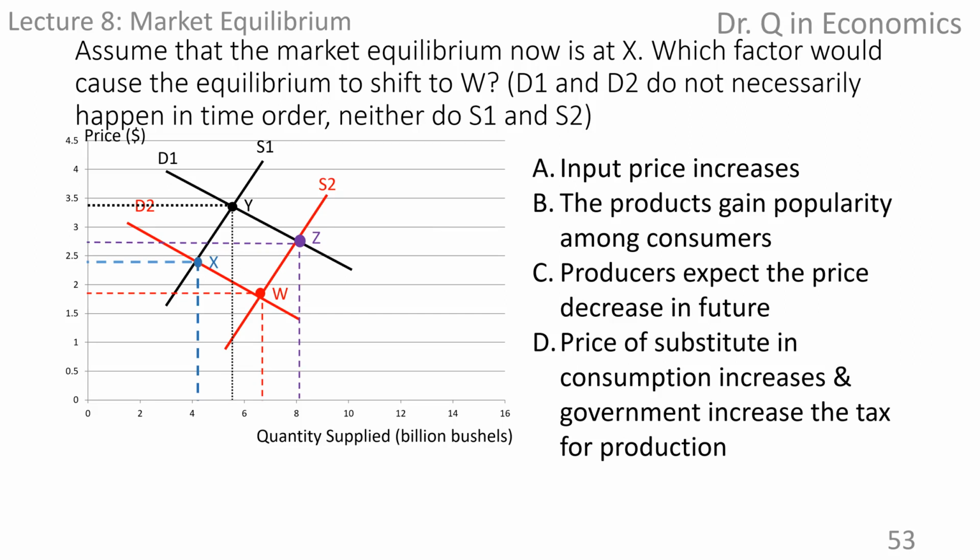Option A, input price increases, is a negative shock to production. It increases the cost of production, decreases supply. Option B is the demand shifter that increases demand. Option C says that producers expect the price to decrease in future, so the producers would like to sell more now at a relatively higher price.